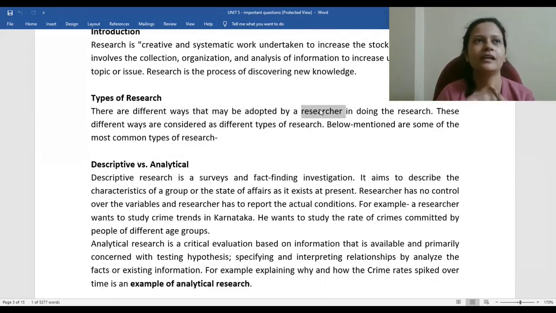Is he having the willingness to talk to people, interview them and stuff? Depending on a lot of factors, the researcher will decide what is the method or mode that he wants to apply to do the research. And based on that, we have all these different types as well.